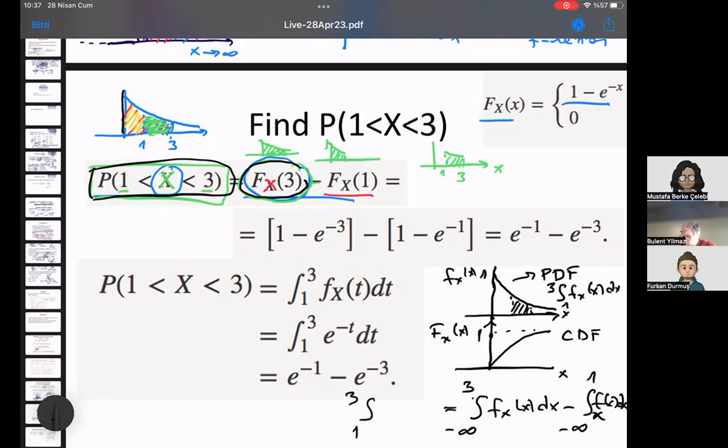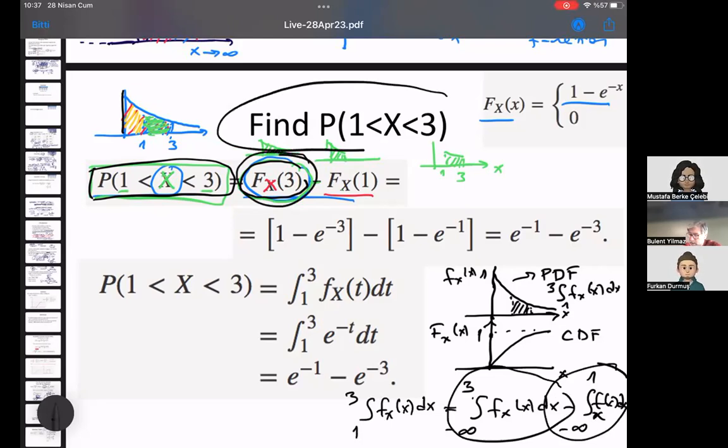These are coming from integral properties. So this is CDF of 3 minus CDF of 1. I can use both the PDF in finding probabilities and also the CDF.